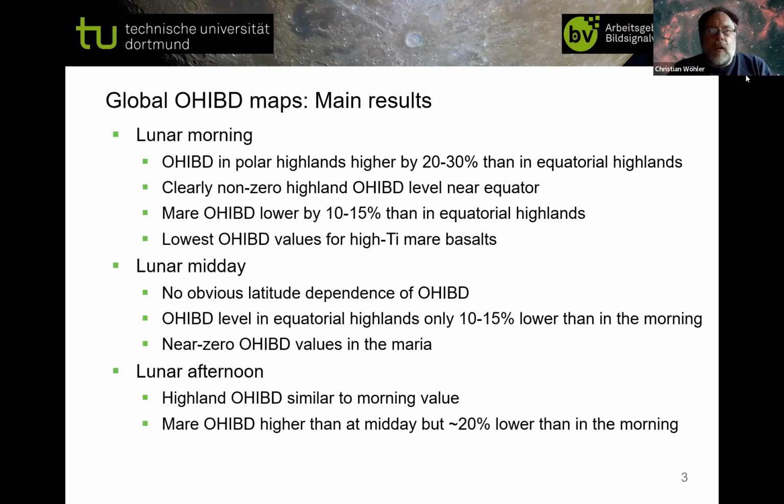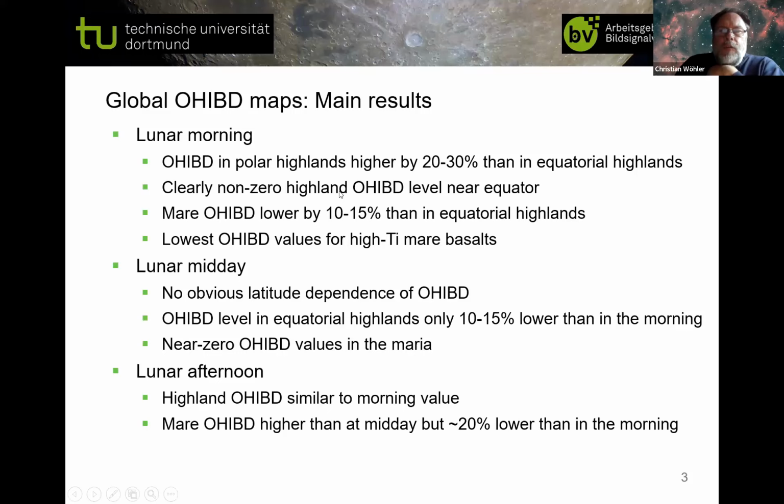The main results are in the lunar morning, we have that the band depth in the polar highlands is higher by about 20 to 30% than in the equatorial highlands.